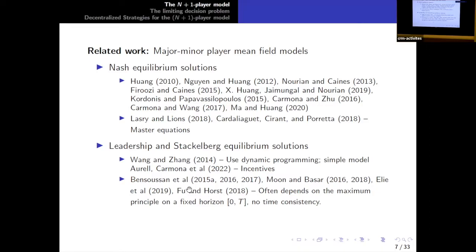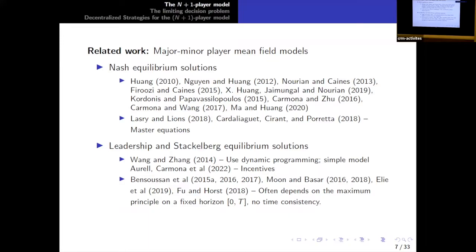For the analysis here, in the second category, usually they do not have time consistency. In particular, when you look for a solution through the maximum principle on a fixed time interval like this one, you will not get time consistency. This is actually different from many existing contributions on mean-field games.